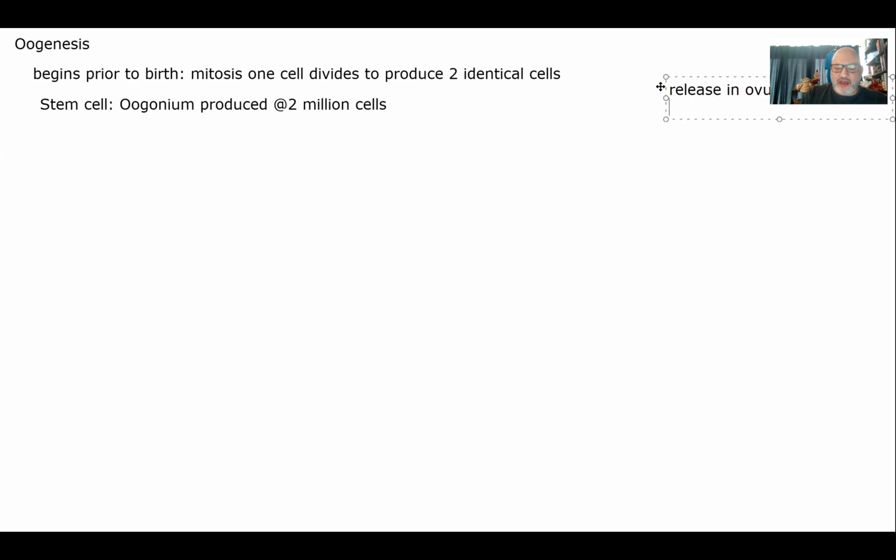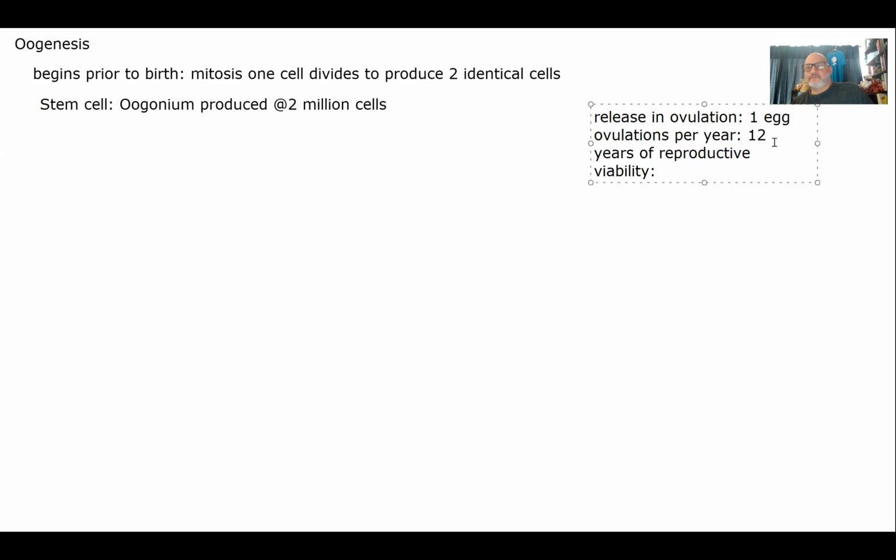Excellent. How many ovulations a year? On average, 12. How many years of ovulations of reproductive viability does a female have? 45, 50.